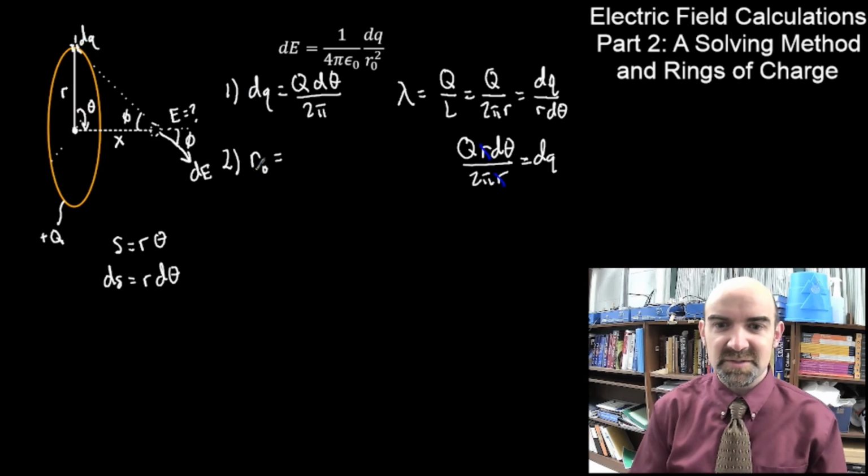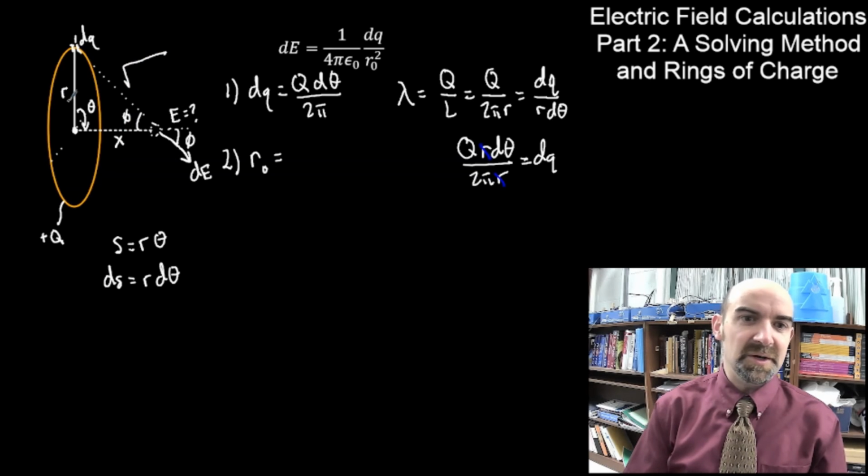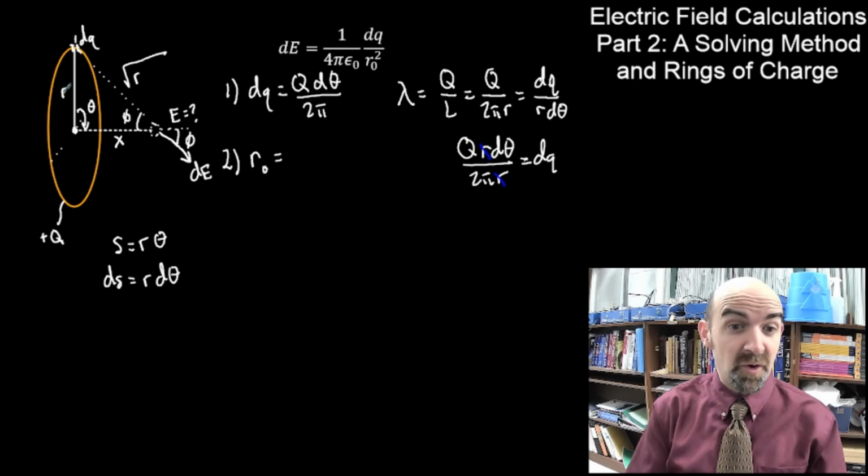And that makes our R equal to the length of this side of the right triangle. So the R over here, R naught, is what we're solving for here. It's going to be the square root of R squared plus X squared. There it is.